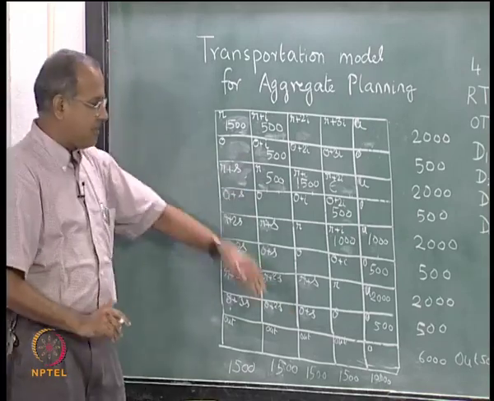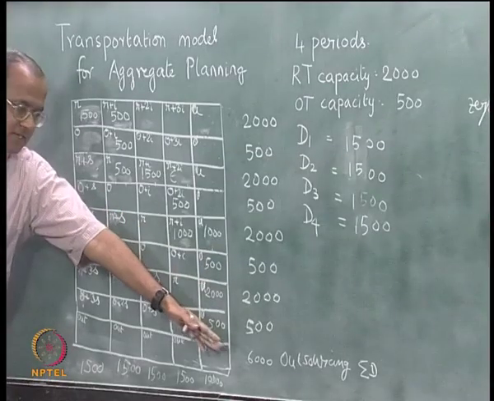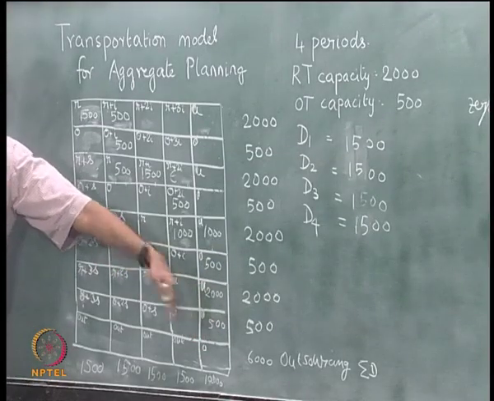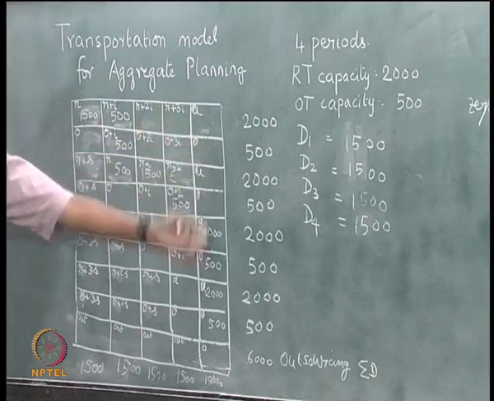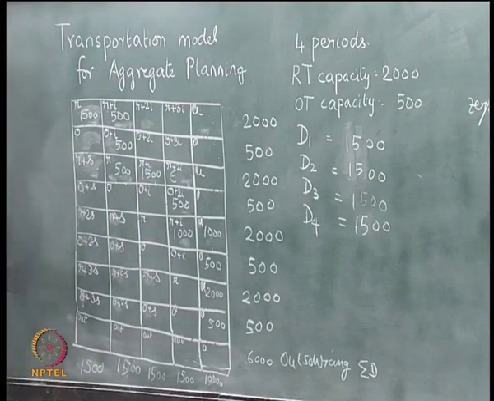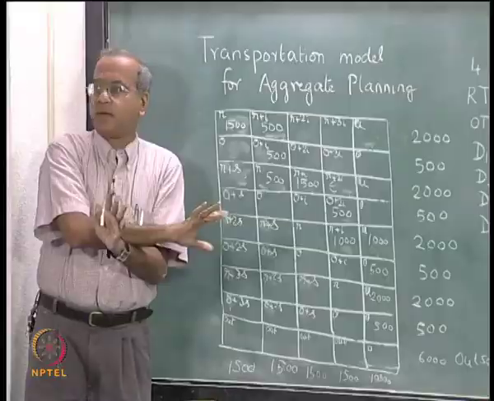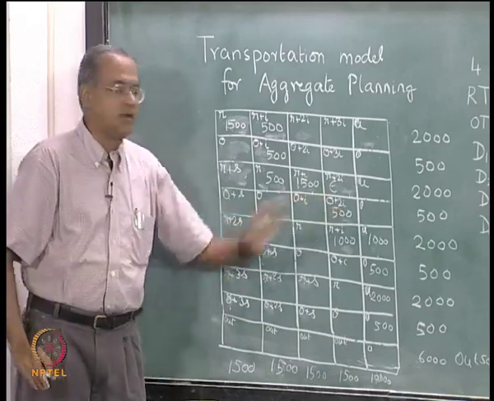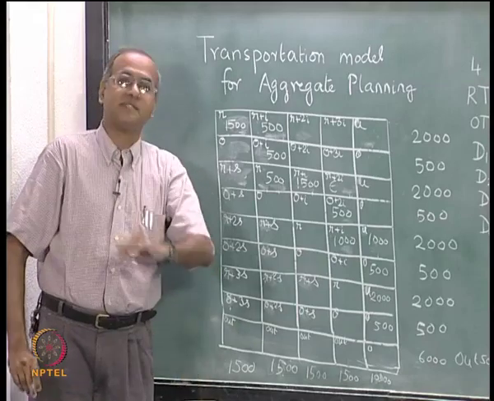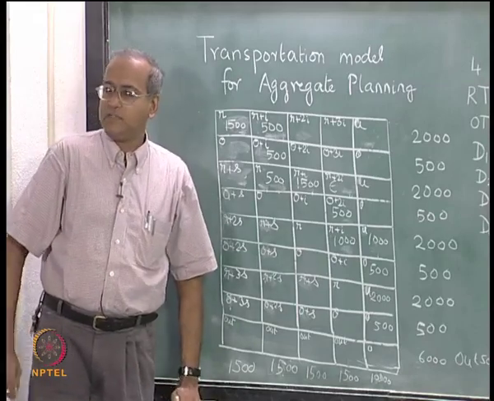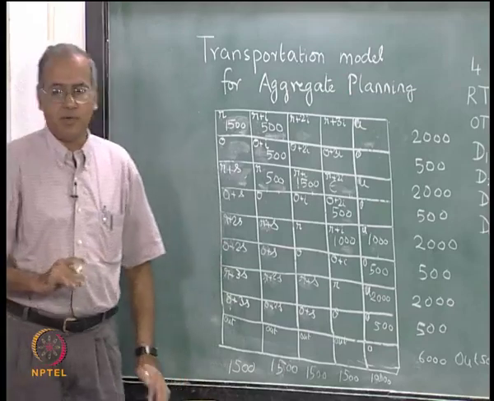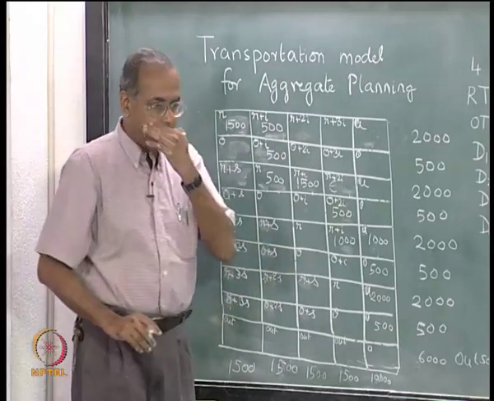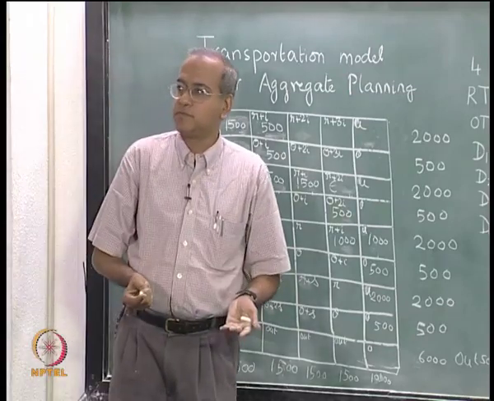If we added this outsourcing as one extra row and then we solved it this way, and if we had solved a corresponding linear programming problem by considering 6 costs including outsourcing and underutilization and not considering hiring and laying off, then such a linear programming problem and the transportation problem will give the same solution.